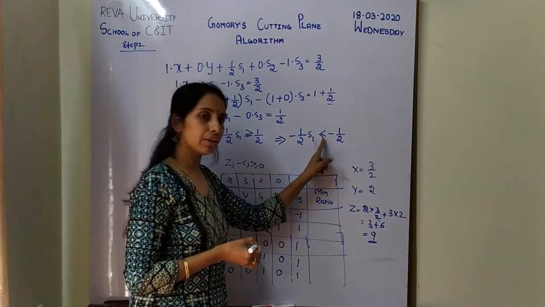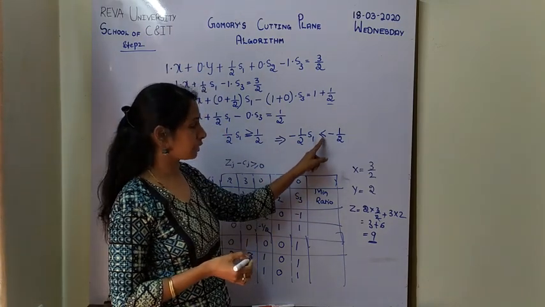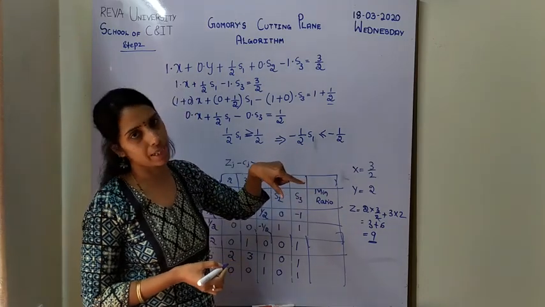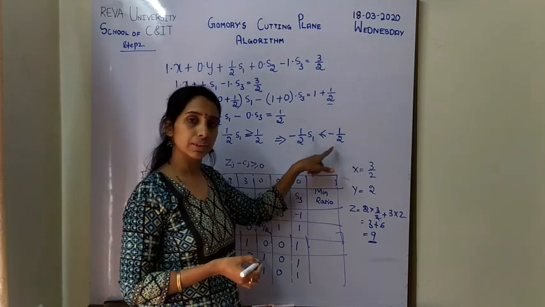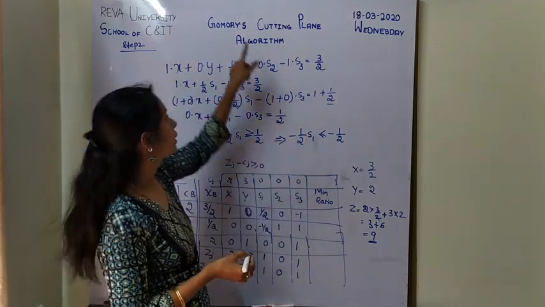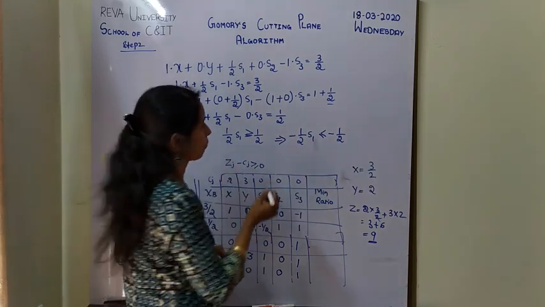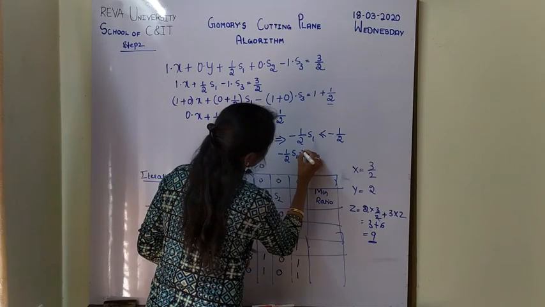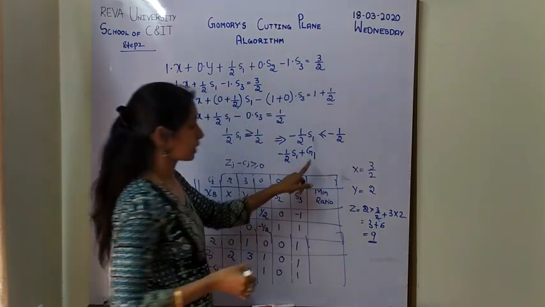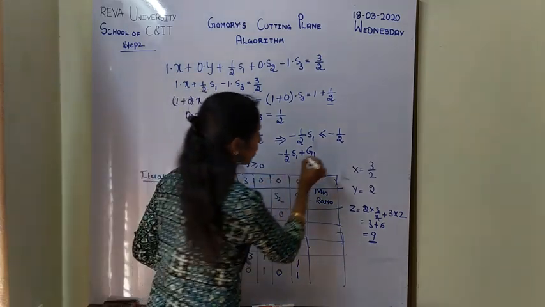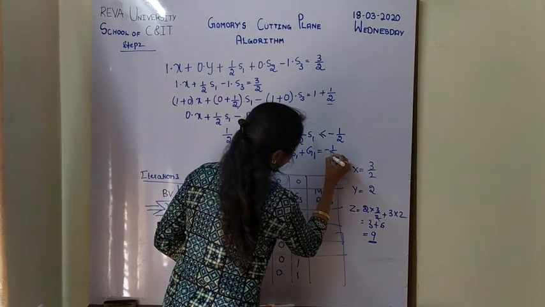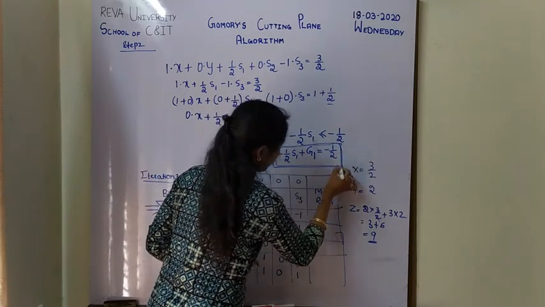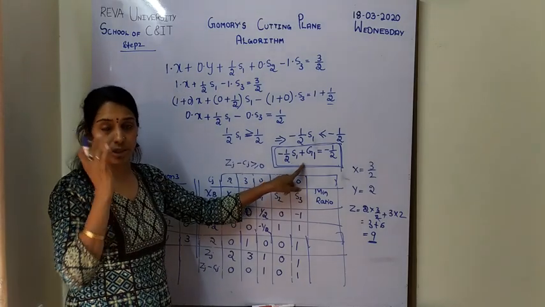Now to equate this, usually what we used to do, we used to add the slack variable. Now instead of slack variable, we have to add the Gomory's constraint. So this becomes minus 1 by 2 s1 plus g1 equal to minus half. This is the equation which represents the Gomory's constraint.